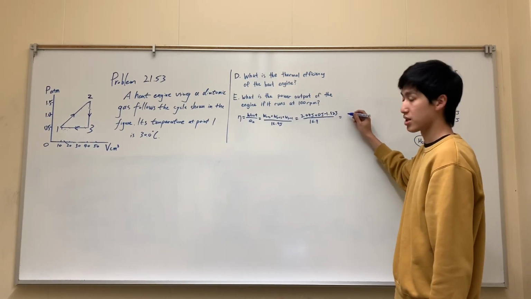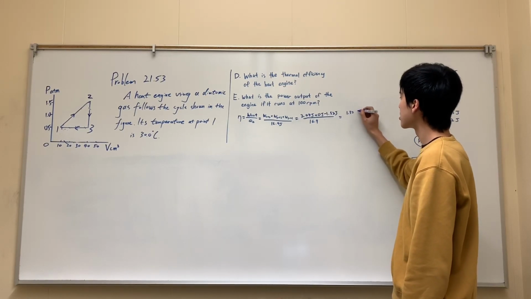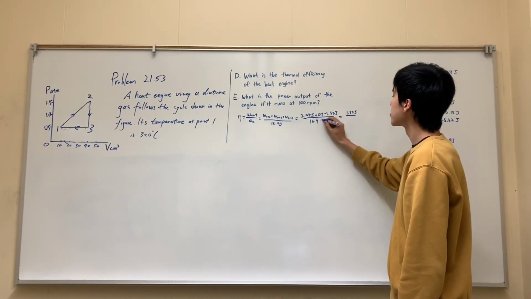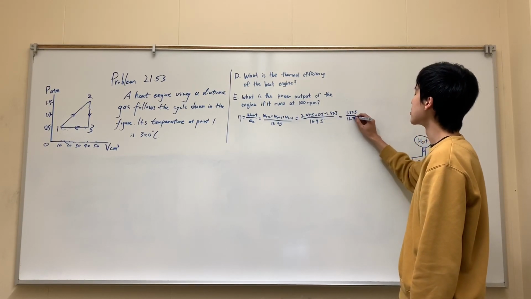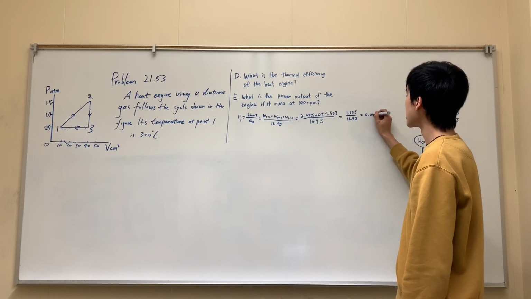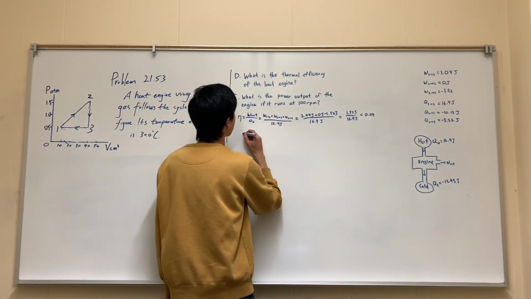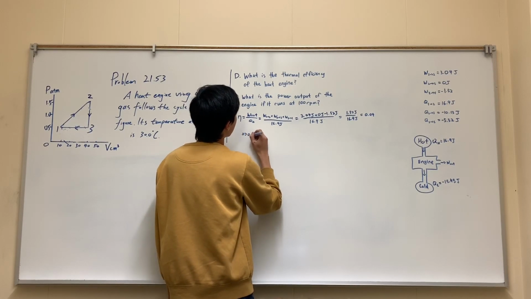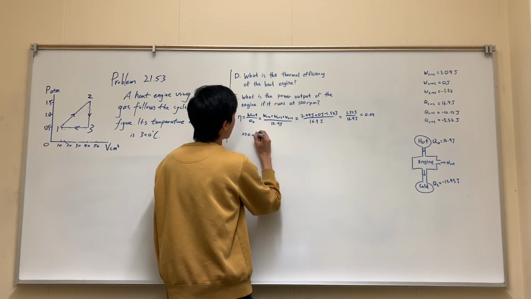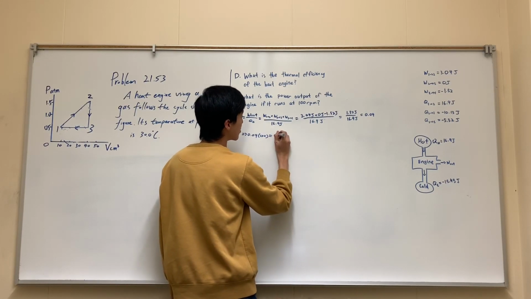That gives us 1.52 joules over 16.9 joules, which leaves us with 0.09, and then we multiply 0.09 by 100, and that gives us 9%.